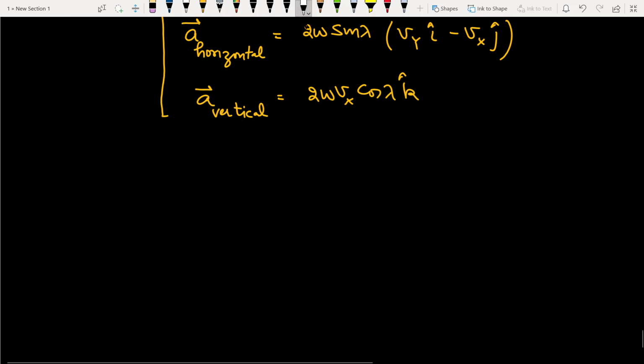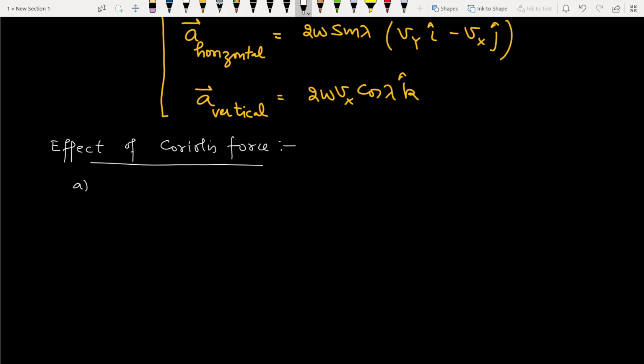So the first part is the effect of Coriolis force. We will have two effects due to two components of acceleration. A part, due to the horizontal component of acceleration.